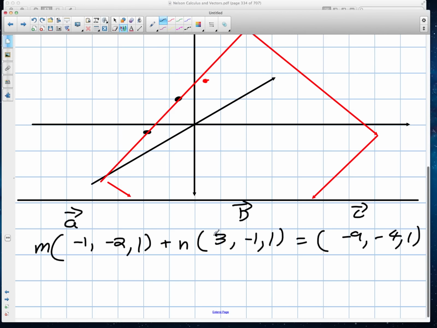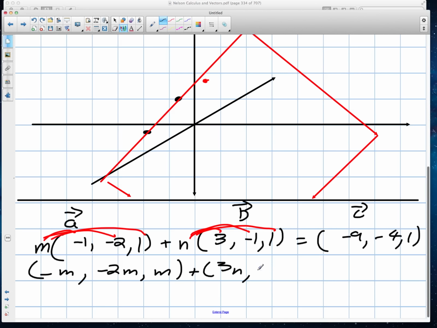We're going to have to do the same thing we did before. We're going to have to substitute our m and our n, distributive property, put it into all of these. So -m, -2m, and m plus 3n, -n, and n is equal to -9, -4, and 1.